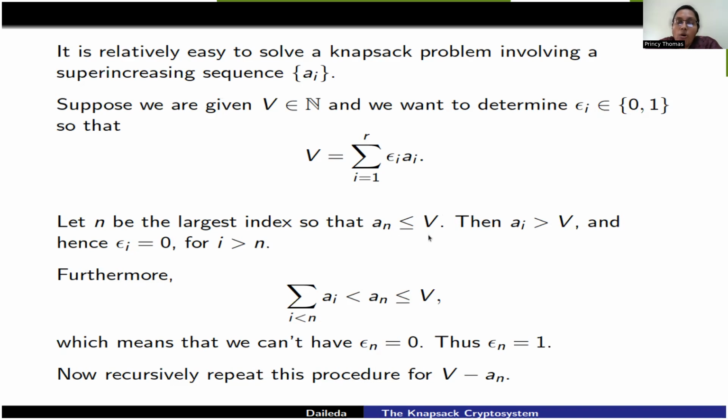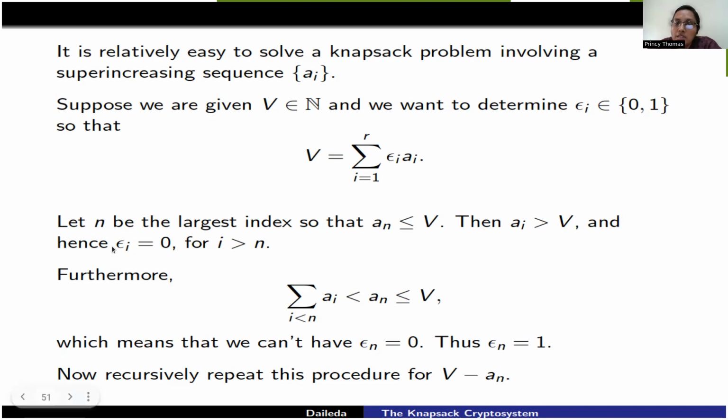We already saw that in a super increasing sequence, if anything has to go in the knapsack, then it has to be either equal to V or less than the volume V. So the largest item will be either equal to V or less than V. If any AI is greater than V, it will not be part of this.